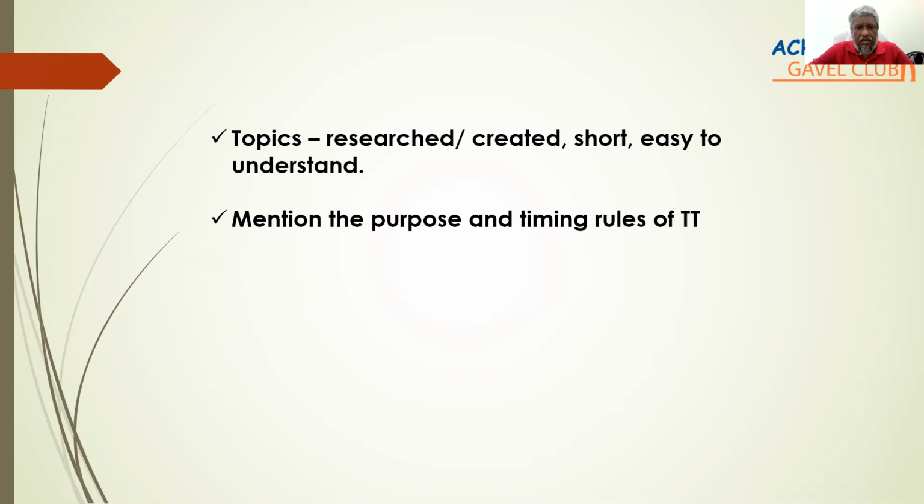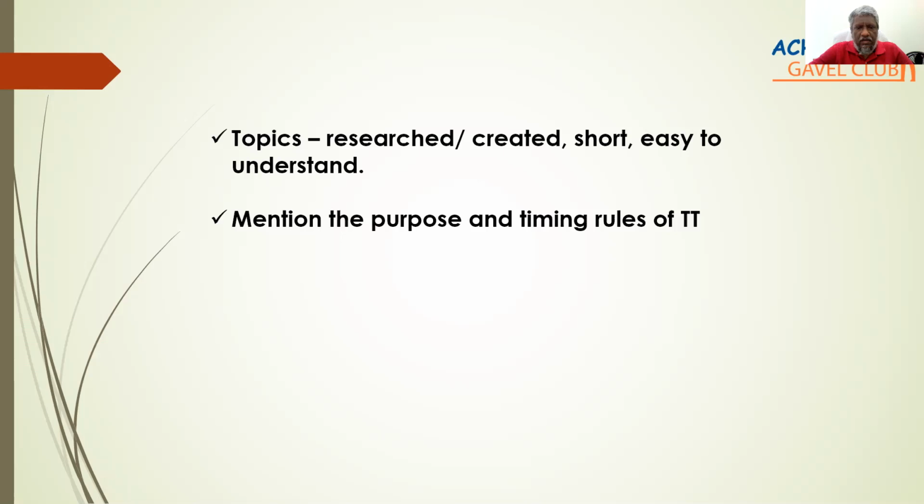And mention the purpose and timing rules of TT. The table topic master needs to tell the purpose of the session. The purpose of the session is to improve our impromptu skill, how we respond to unexpected things. And what are the timing rules? The time allowed will be 1 to 2 minutes. A speaker who speaks for less than a minute or more than 2 minutes 30 seconds will be disqualified.